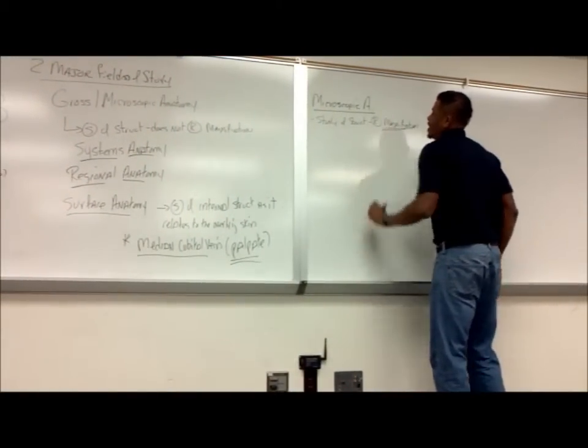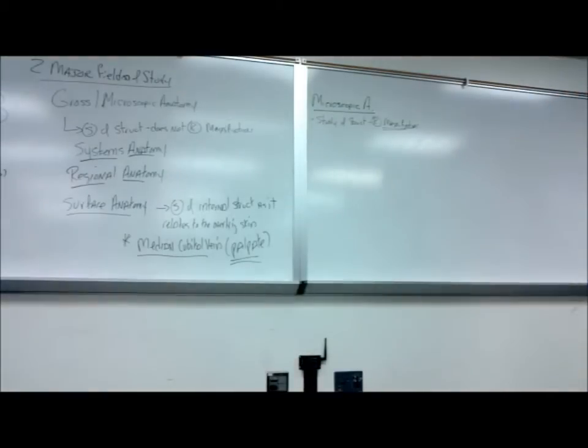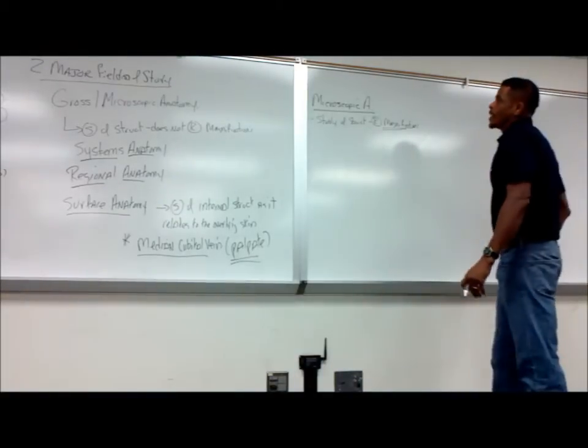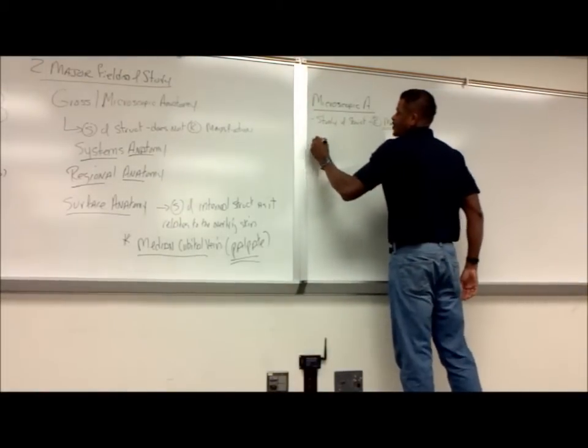And the limitations of microscopic anatomy will be based on the resolving power or magnification power of your microscope. Depending on how powerful the tool is will let you know how much microscopic structure you can see. When we talk about microscopic anatomy, we have two major fields.